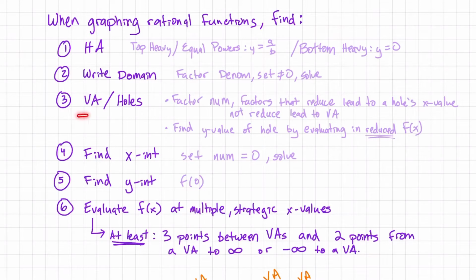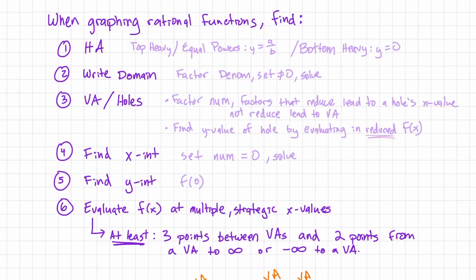Then, to find our vertical asymptotes and holes, we should have already factored the denominator, so go ahead and factor the numerator. The factors that reduce lead to the hole's x value. The ones that do not reduce are your vertical asymptotes. Now to find the hole's y value, you plug that x value into the reduced function.